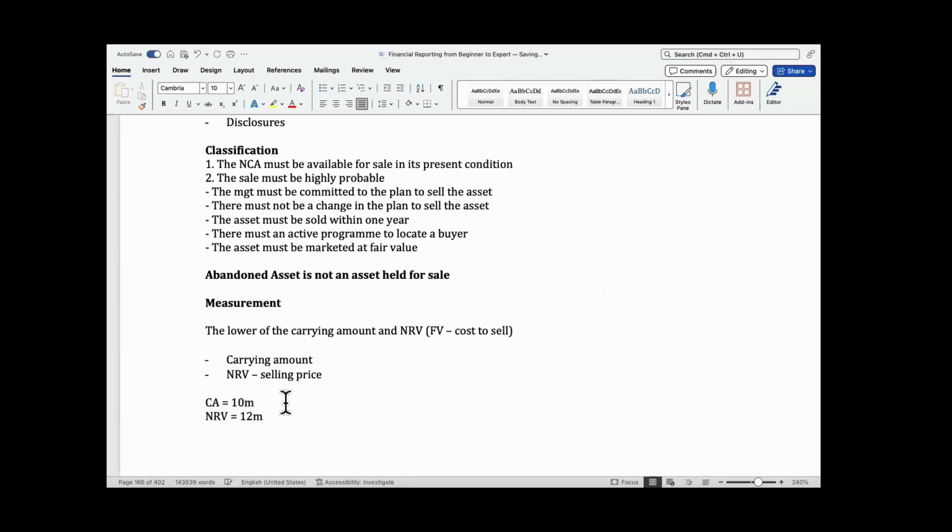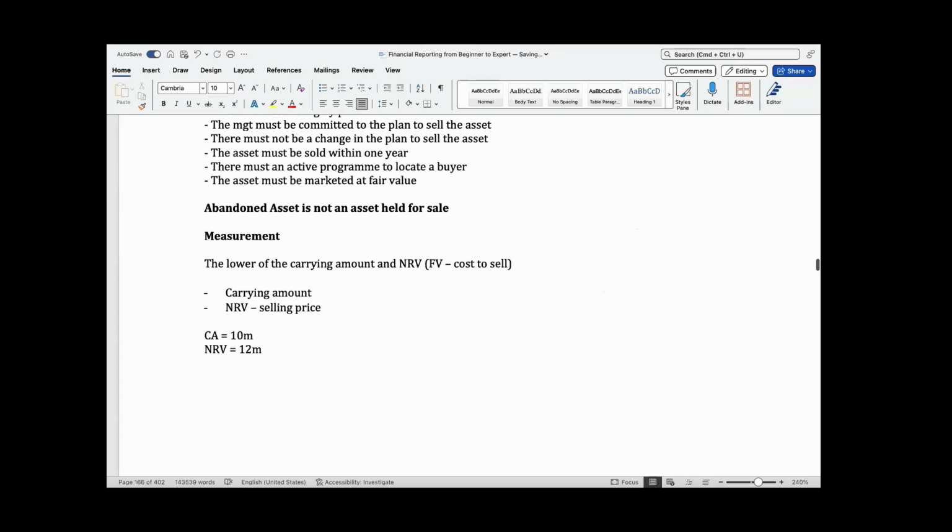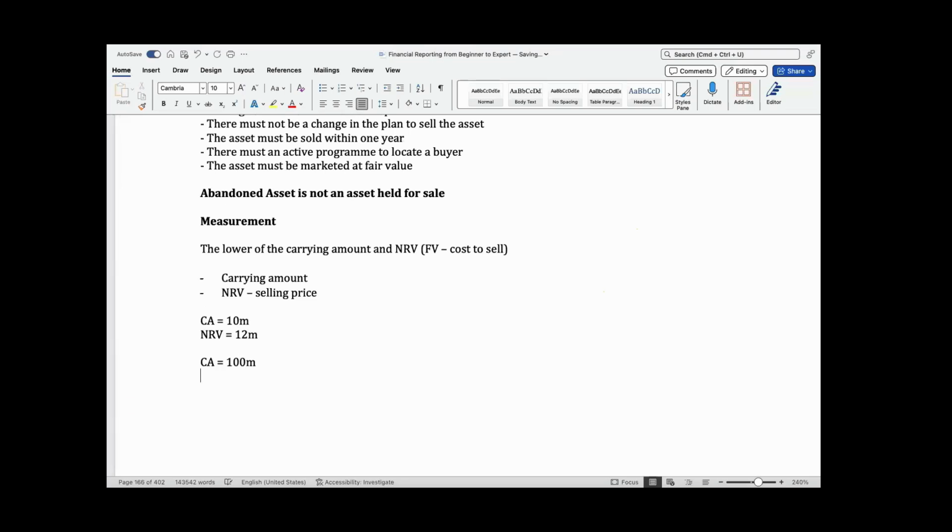But if you find yourself in a scenario where the carrying amount is, let's say, 100 million, and the net realizable value is around 80, net realizable value becomes lower. If the carrying amount is higher than the net realizable value, that means we have to measure this asset held for sale at net realizable value.